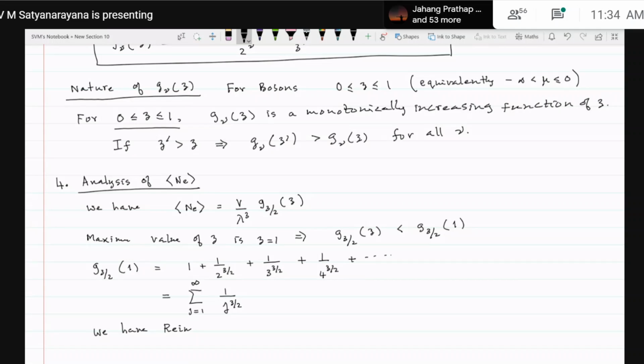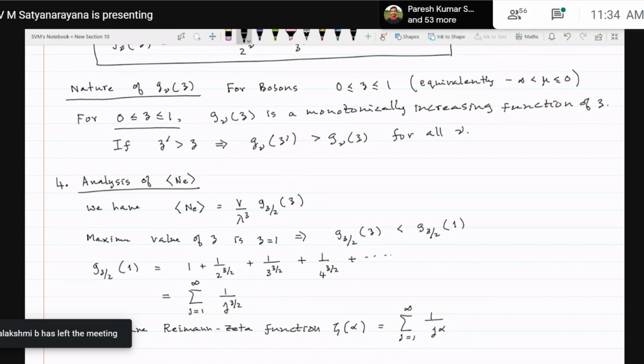Riemann is a mathematician. Zeta of alpha is defined as the sum over j equal to 1 to infinity of 1 by j to the power alpha. This is called the Riemann zeta function.